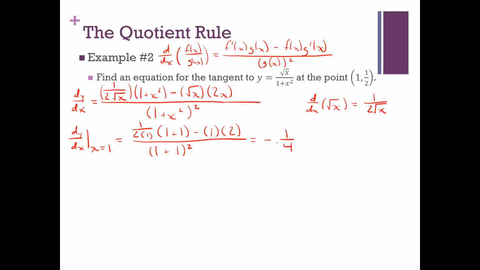I believe negative 1/4, but I have been wrong recently. I feel pretty good about that, but let's pause there for a second. Are we okay with how we got that slope at this point?